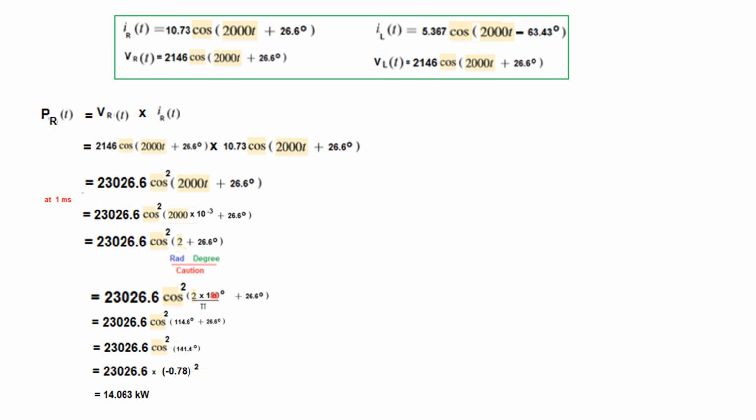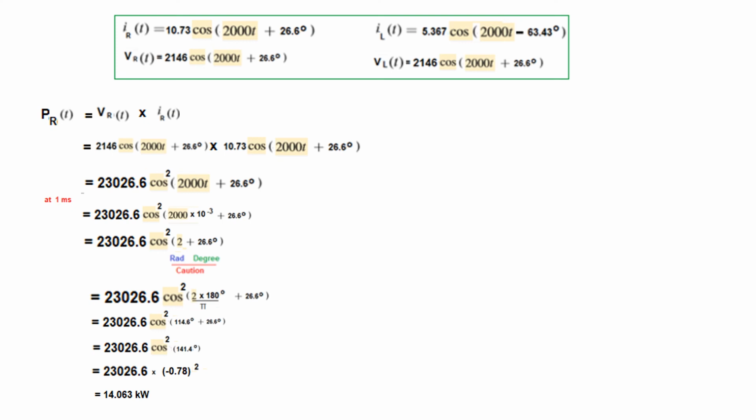So this will become 114.6 degrees plus 26.6 degrees, which makes it 141.4 degrees, and then the value of cos 141.4 is minus 0.78. This is squared, so we put a square over this, and then multiplying we get the answer of 14.63 kilowatts.